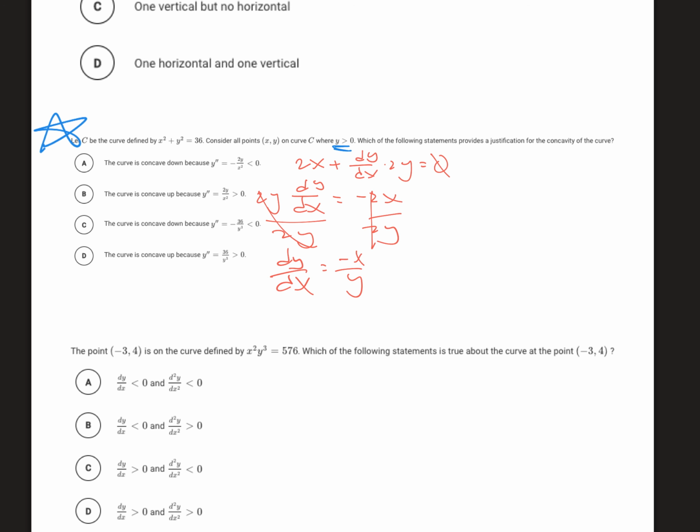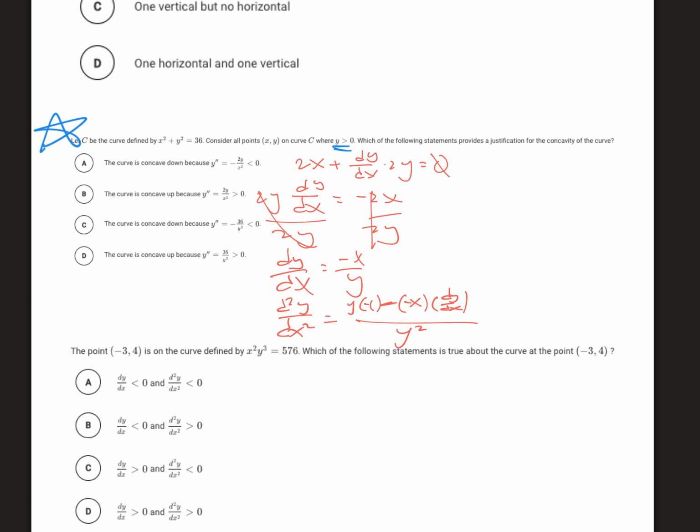To find the second derivative, we've got to do some quotient rule here. So d squared y over dx squared equals low, y, d high, negative 1, minus high, negative x, derivative of low, dy/dx, all over low squared, y squared. At this point, remember, we cannot leave dy/dx by itself.